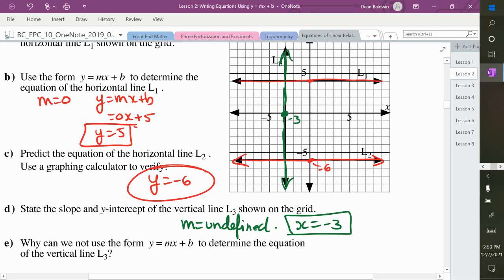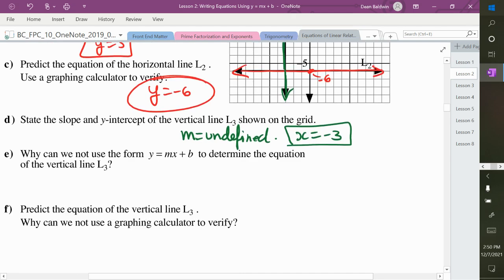Okay? So, say on a test, I said sketch y is equal to -1. What would you draw? Horizontal or vertical? Horizontal at -1.